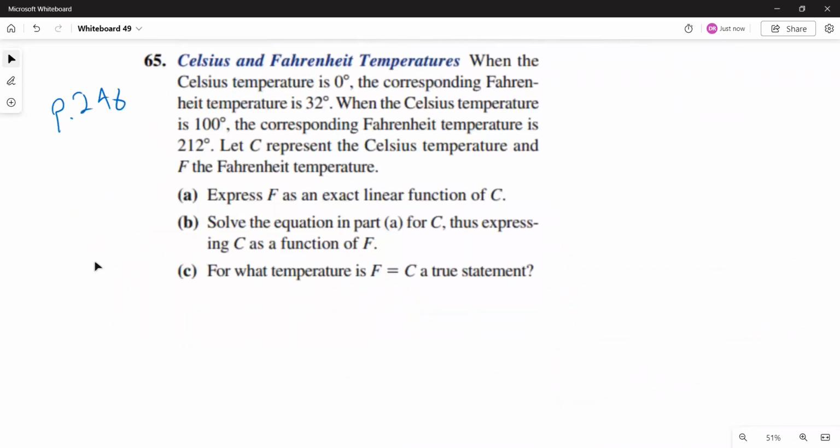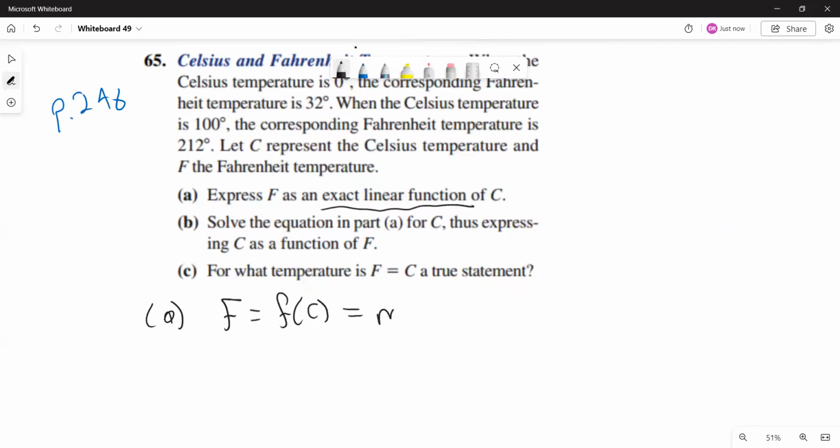We're going to express F as an exact linear function of C. So this is what we want: Fahrenheit is some function of C, or if it's an exact linear function, that's going to be mC plus some value b.